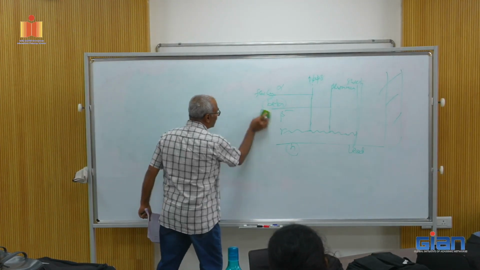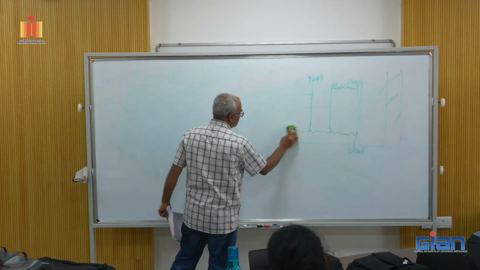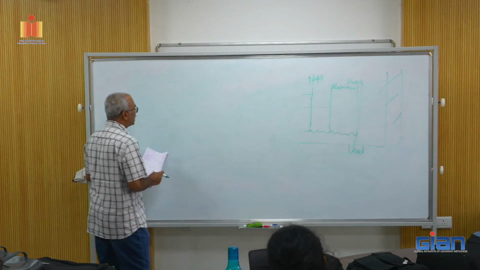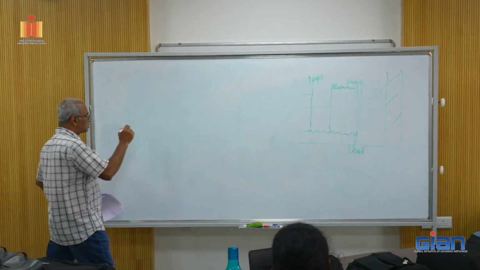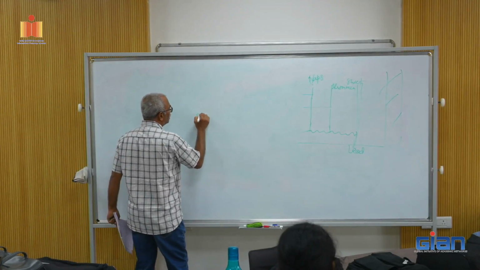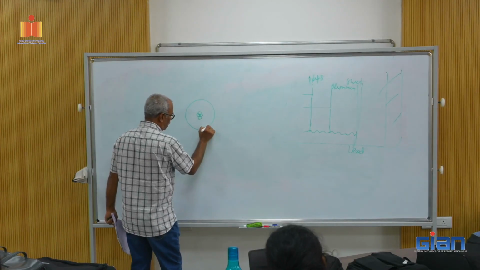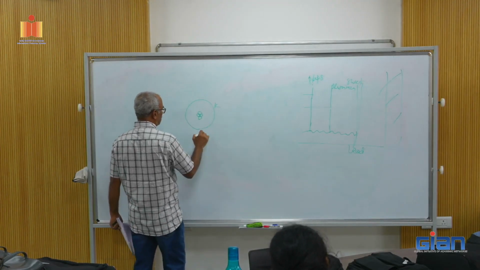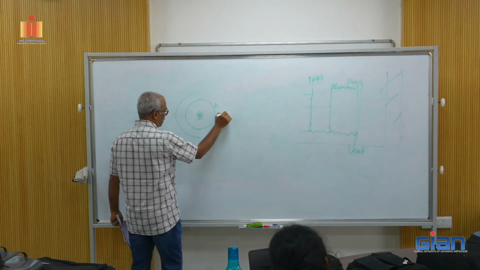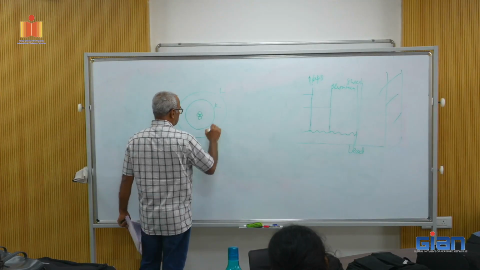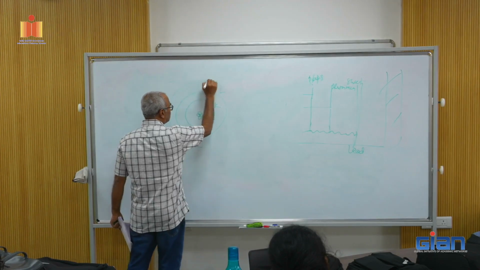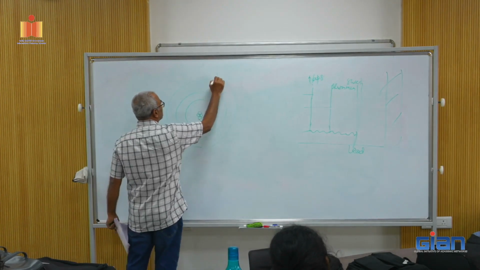Okay, so let's look at the mechanism of the photoelectric effect then. Suppose you have a nucleus. You have the K shell, you have the L shell, any specific nucleus.